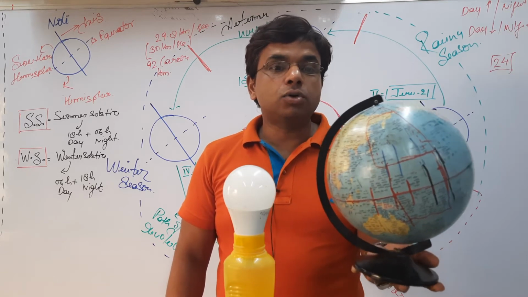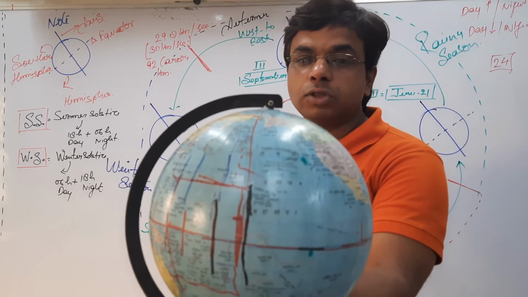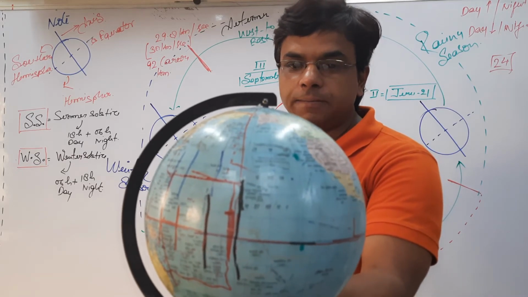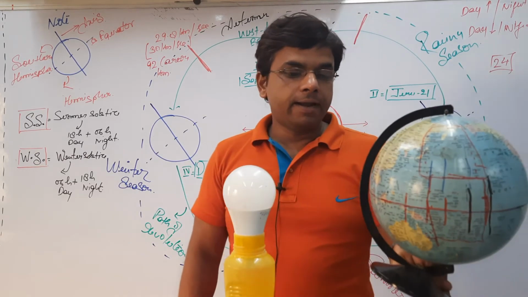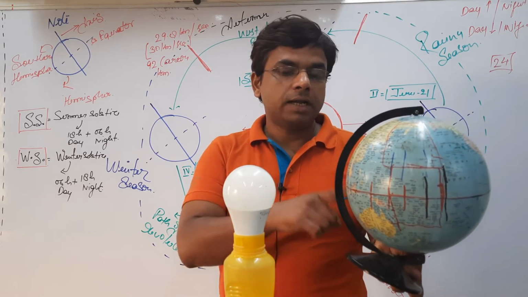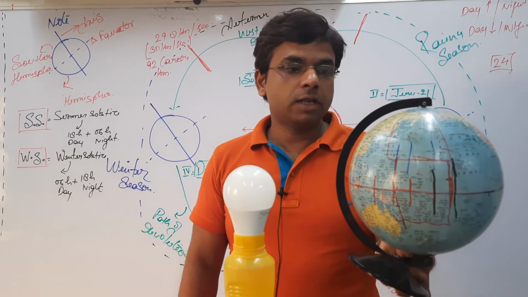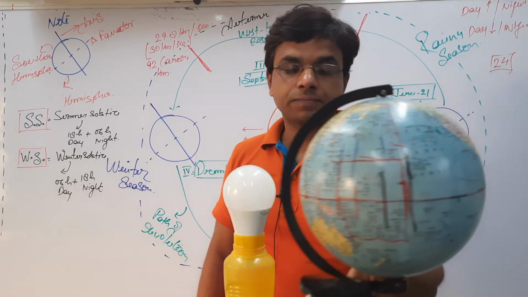If the earth were not in this slanting position, there would be no effect of the earth's slanting on its axis at the angle of 23.5 degrees.